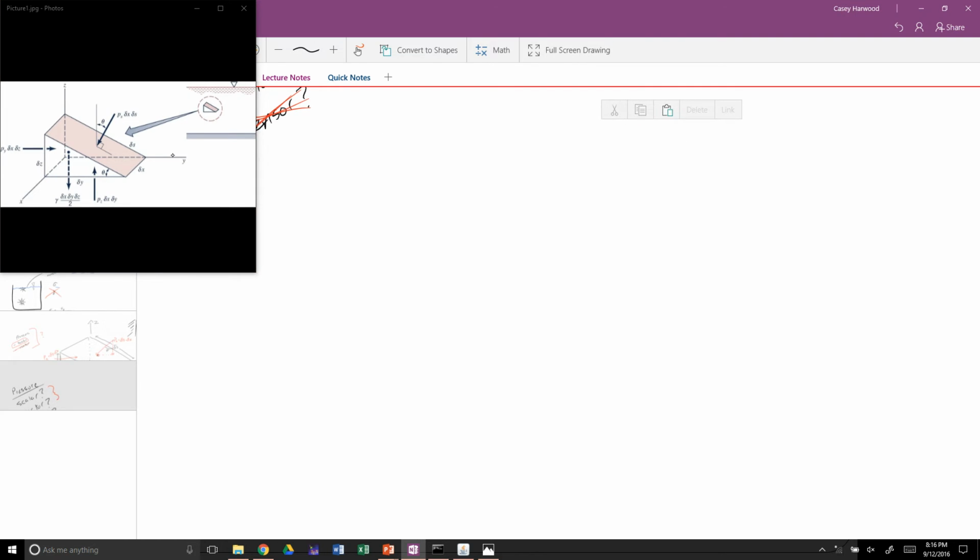We can write Newton's second law, that is F equals ma, as sum of the forces in y equals delta m times acceleration in y. Now what is this delta m? This delta m is the mass of the wedge. Remember, delta in this case indicates a very small quantity, and we're assuming this wedge to be extremely small.